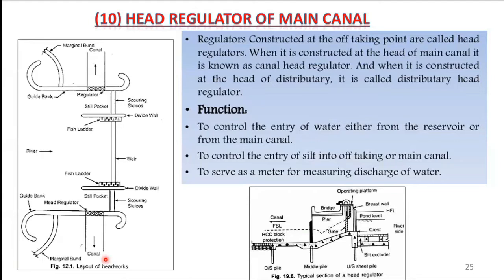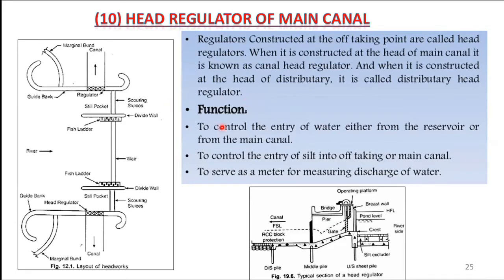Okay, and if we are taking a distributary from the branch canal, then the regulator provided at the head of the distributary is called as, what we call it, head regulator of distributary. Okay, this is distributary head regulator. So that is the head regulator of the main canal, of the branch canal, of the distributary, of the minor.